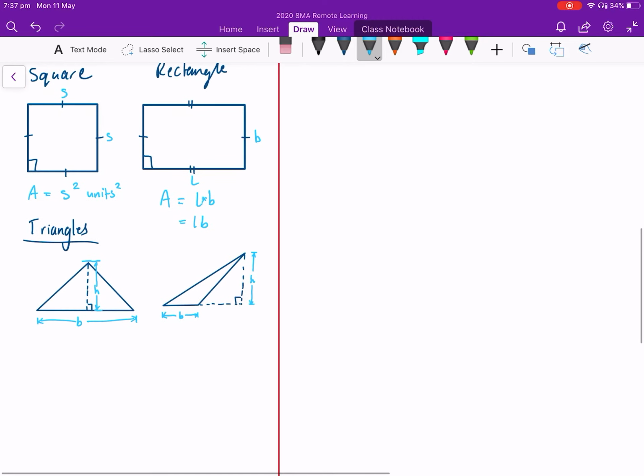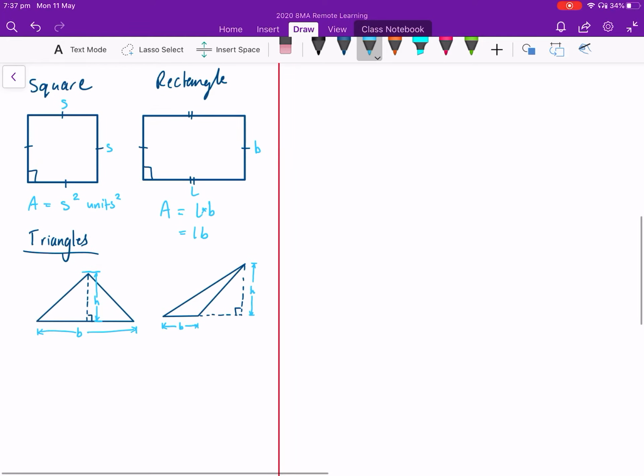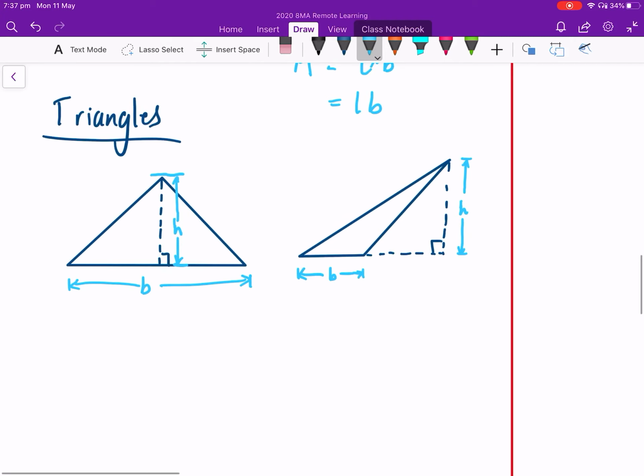Now here I've got 2 triangles, and it's very important, and I thought I would really put in this second triangle over there on the right. So here, the area of a triangle will be the base times the height, and then we're going to divide that answer by 2.